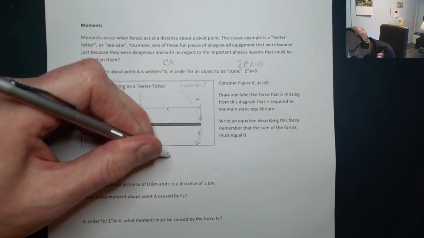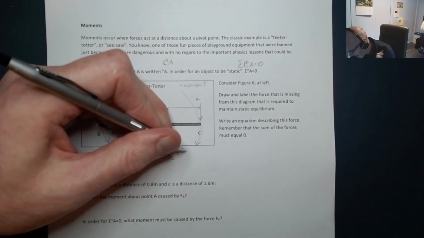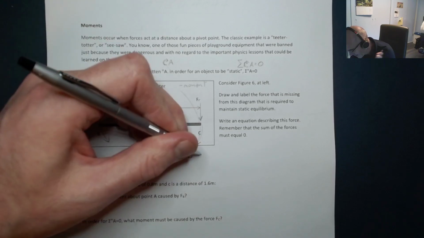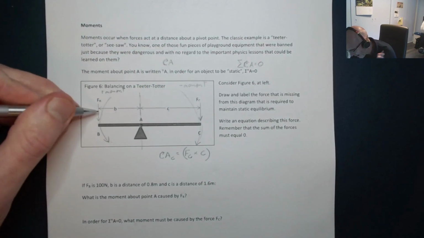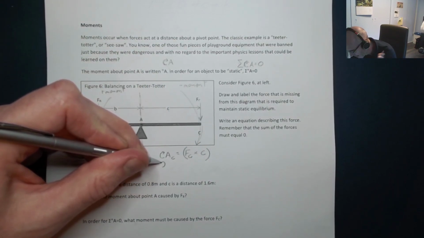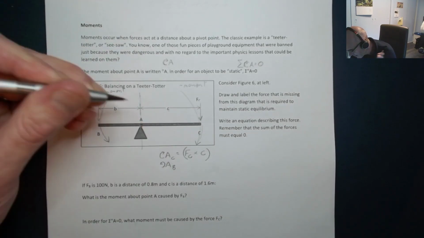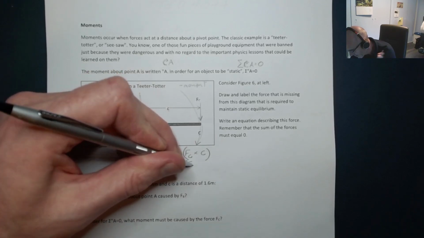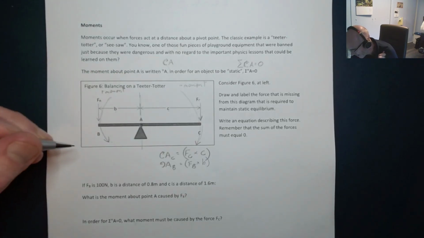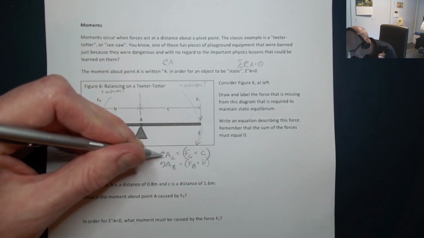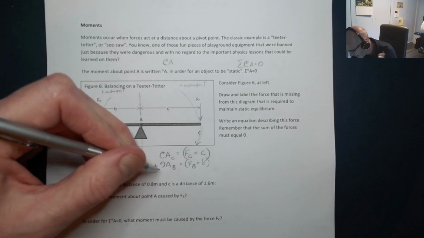It's going about A caused by force C equals FC times distance C. Okay, and the moment going this way about A caused by force B equals FB times B.